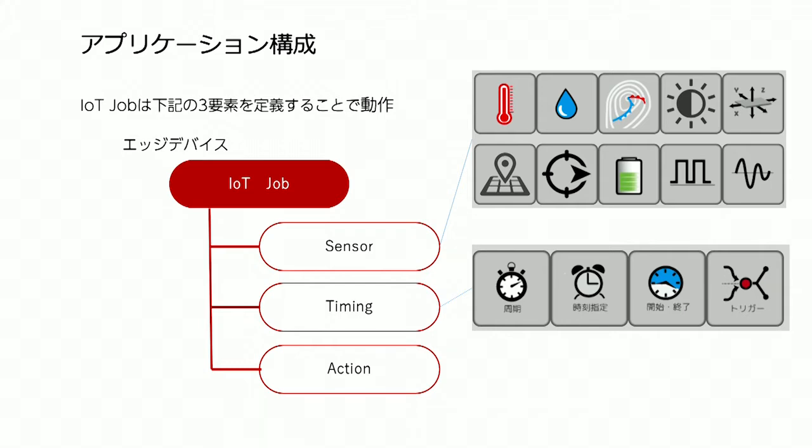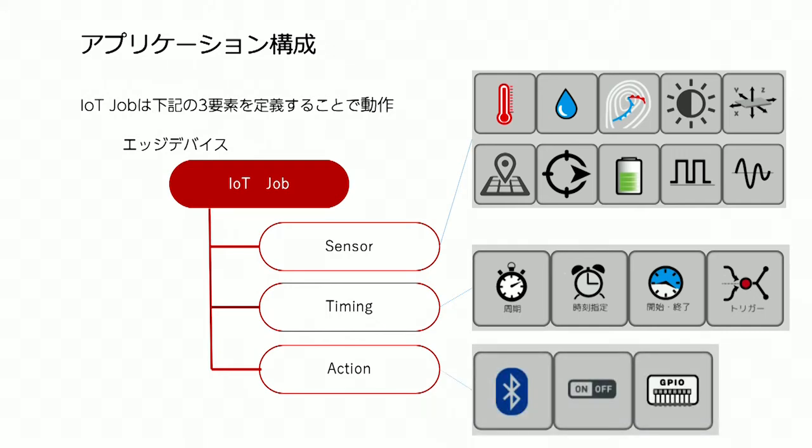And then the next selection is about timing. There are several options. For example, every certain seconds an action, or at a certain time some action, or when to start and when to finish, or trigger events. For example, if the sensor reaches 30 degrees Celsius, a job starts.